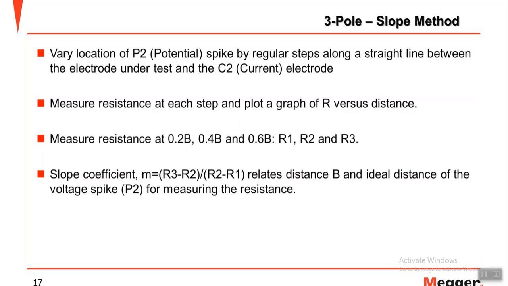You choose the distance E, which means the total distance from the electrode under test to the C probe, and you can insert the current probe at maybe 2 or 3 times the maximum dimension of the system that I informed you before.